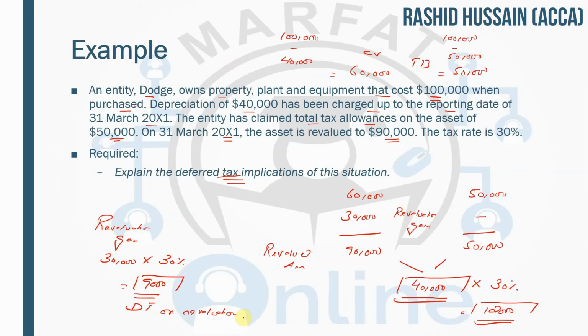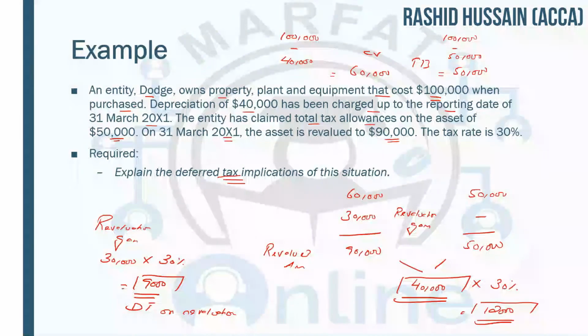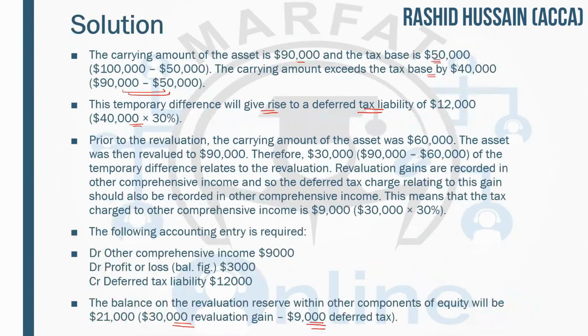As I have told you, the gain is recorded in the other comprehensive income, so does the deferred tax. So what you're going to do is the gain 30,000 minus 9,000 deferred tax. The deferred tax is recorded in the same way as the revaluation. So 30,000 minus 9,000, which is the deferred tax on the revaluation.